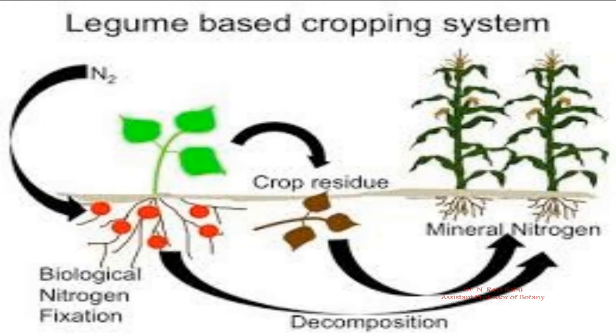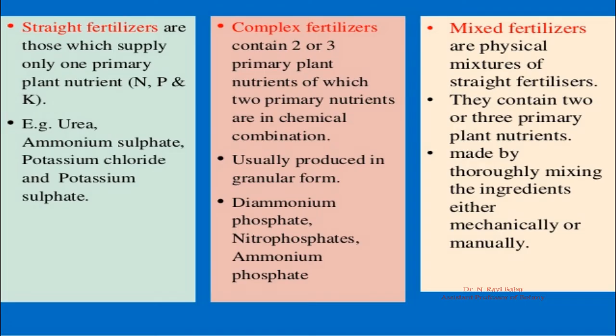Commercial fertilizers like ammonium phosphate, ammonium sulfate, potassium nitrate, rock phosphate, which is a basic slag, dear friends. All these things add to the fertility of the soil.